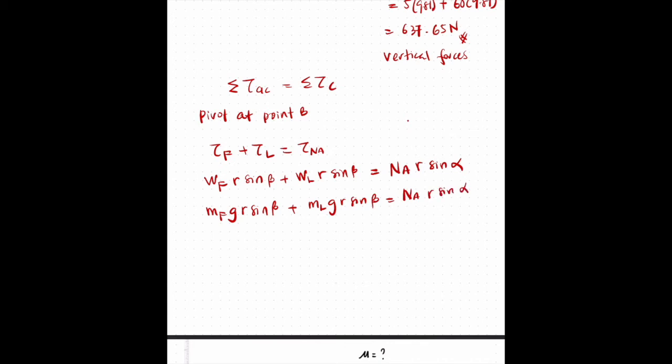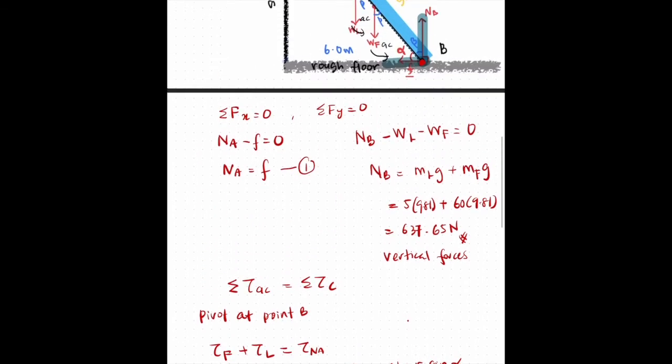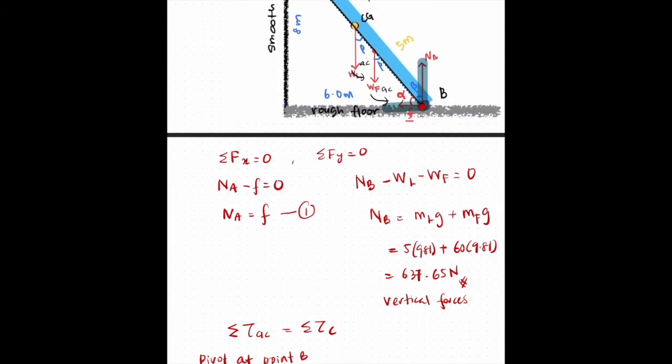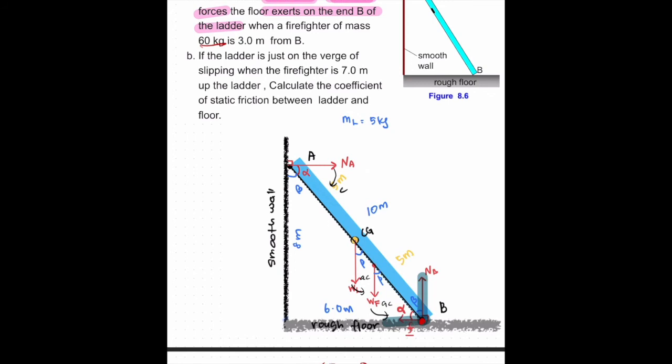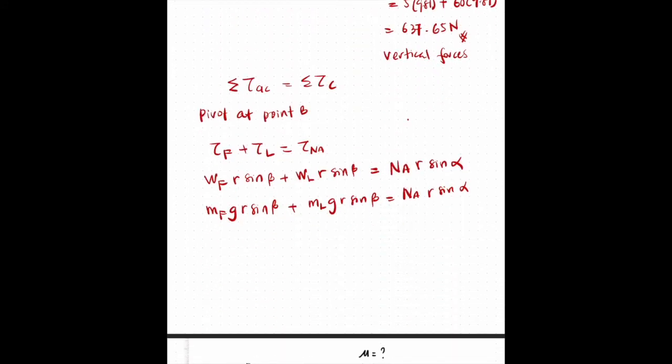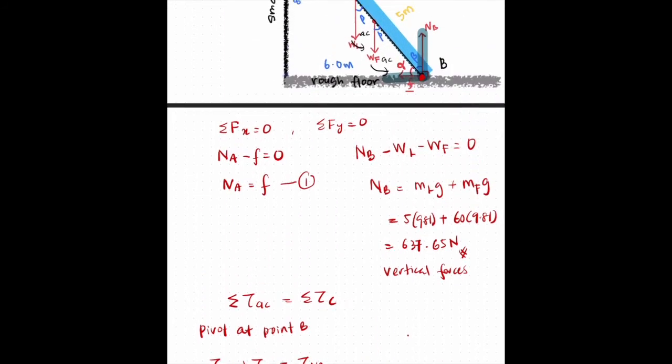MF, mass of firefighter, given 60 kilo. Is it 60 kilo? Yes, 60 kilogram. Then 60 times 9.81. R is from the rotation axis to the applied force, from here to here. This is our R. As dimension, our R here is 3 meter.